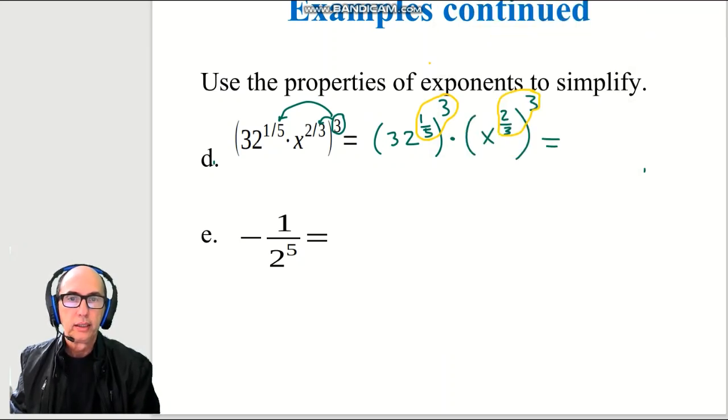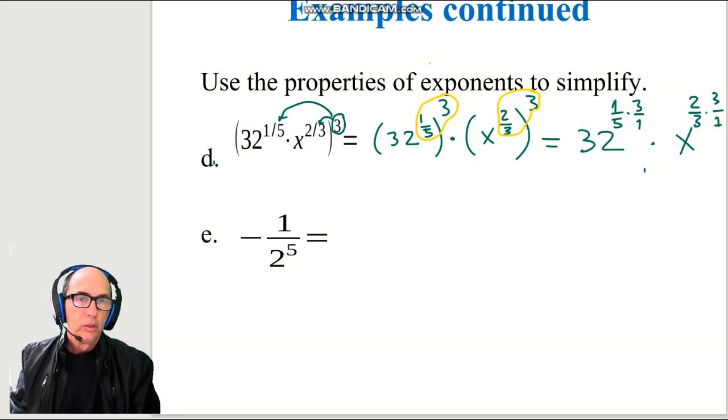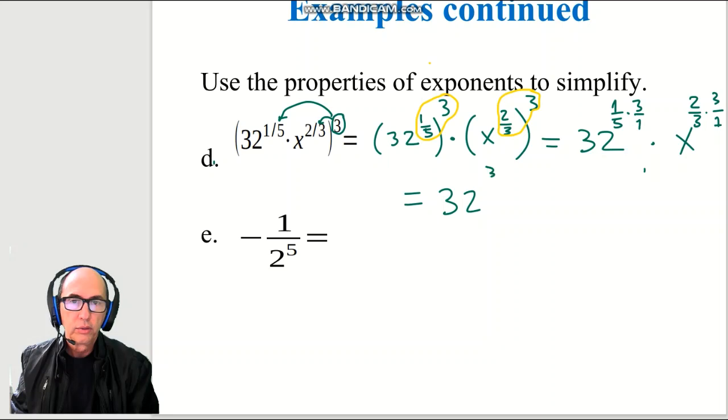What is 32 to the power of 1 over 5 times 3? Remember, this 3 is 3 over 1. And x to the power of 2 over 3 times 3 over 1. 1 times 3, let's write it here on the bottom: 32 to the 3 over 5, times x to the 2 times 3, 6, over 3 times 1, 3. So 6 divided by 3.